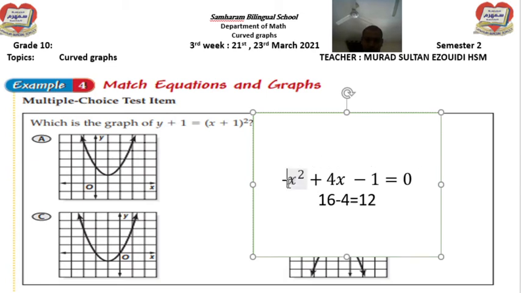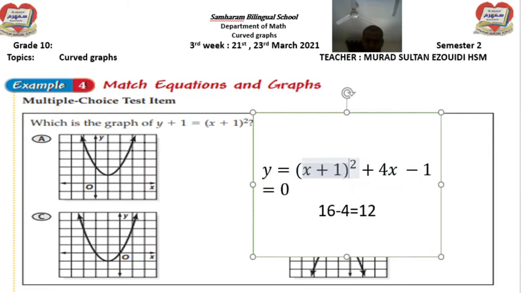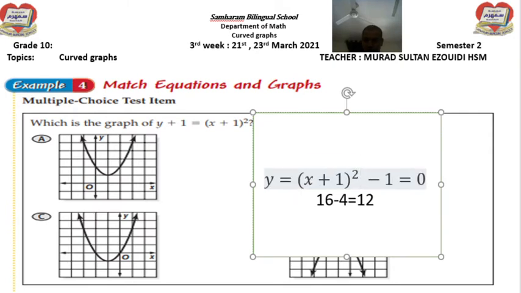y equal what? Y is equal to parentheses x plus 1, close the parentheses, squared. Then for this one, y plus 1, subtract 1 from both sides, it will be here minus 1. Clear? Equal 0.